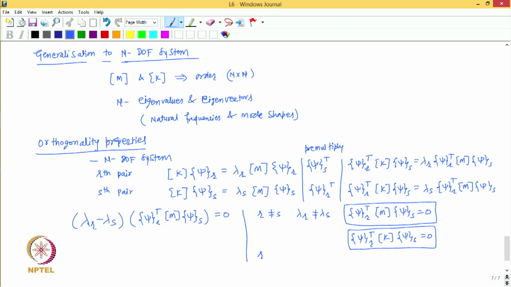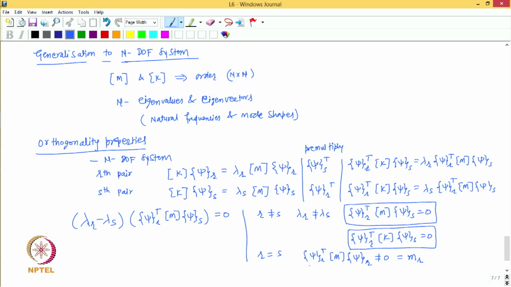And if r is equal to s, then these two quantities are not going to be 0. Psi r transpose m psi r is not equal to 0, but would be equal to some scalar. Let us call that m r.